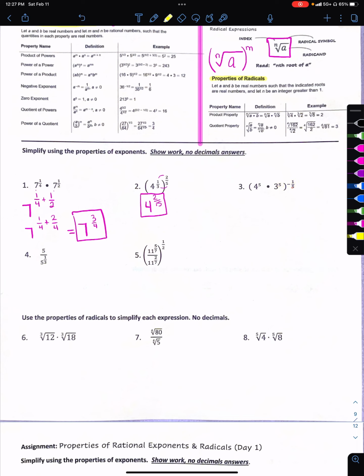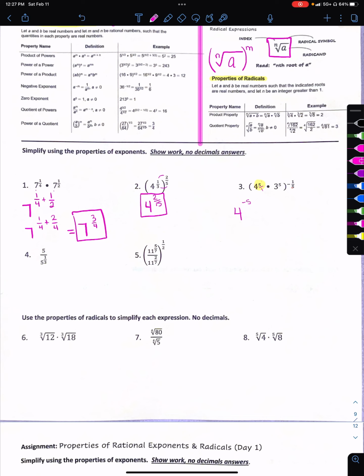So the first time, I'm going to do 4, and then I'm going to do 5 times negative 1, which is going to give me negative 5. And then this 5 has a denominator of 1, so I'm going to do, they both do, for the 3 and the 4.